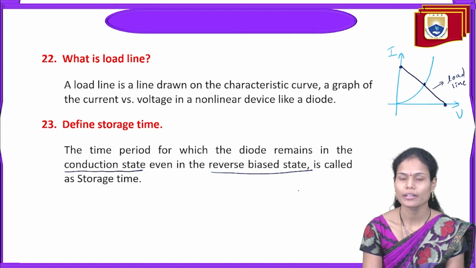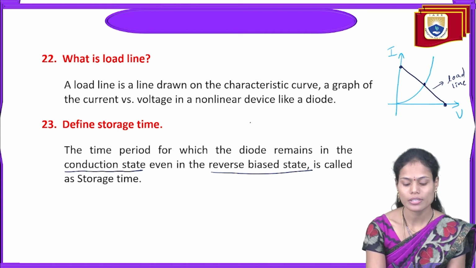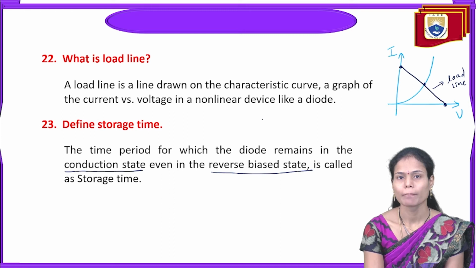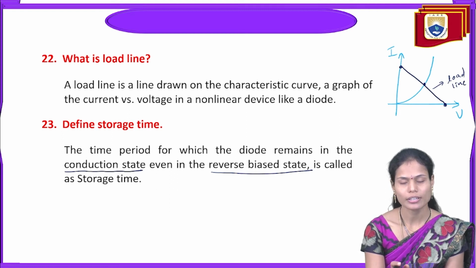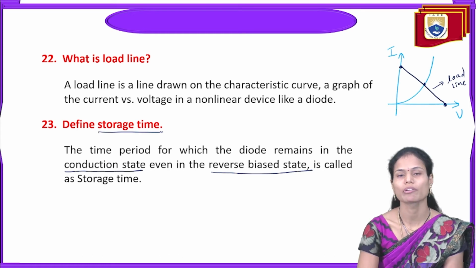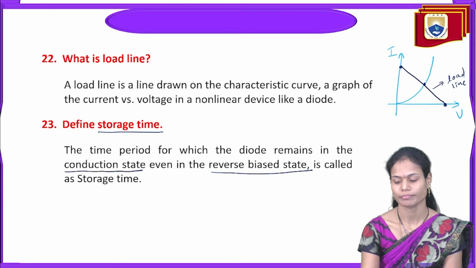That is, for the diode we are providing some particular voltage, but at some instant we remove that voltage. After removing that voltage, at that instant it will not come out of the conduction state. It will stay some amount of time in that conduction state. That time we are calling the storage time of the diode here.